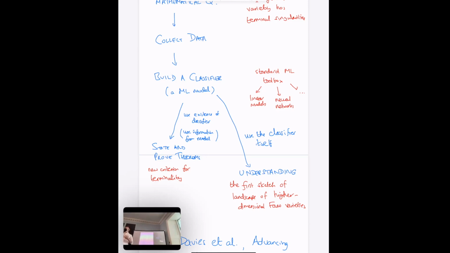So there is some possibility that maybe this is not the final form of the result. Here is a new result, but the classifier is still outperforming the new rigorous result by a lot.